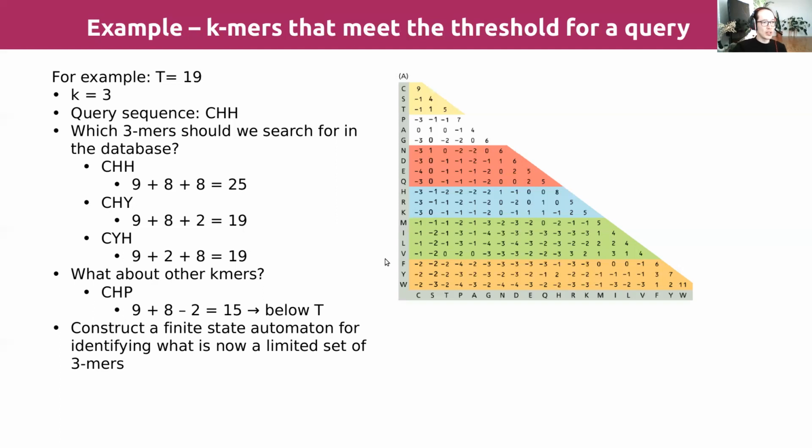So if Y had been something else, for example a W, then we would not have made it up to 19, and we would not have included that 3-mer in our list. In this case, also CYH happens to meet the threshold as well.